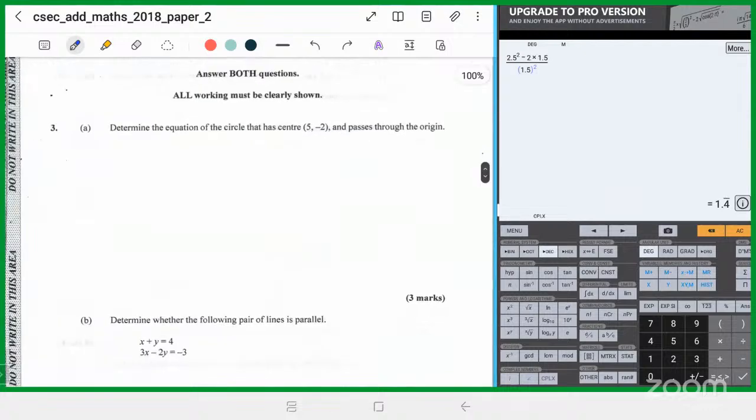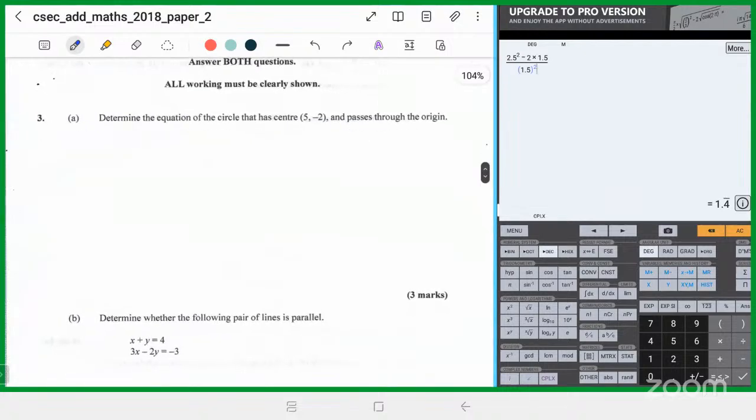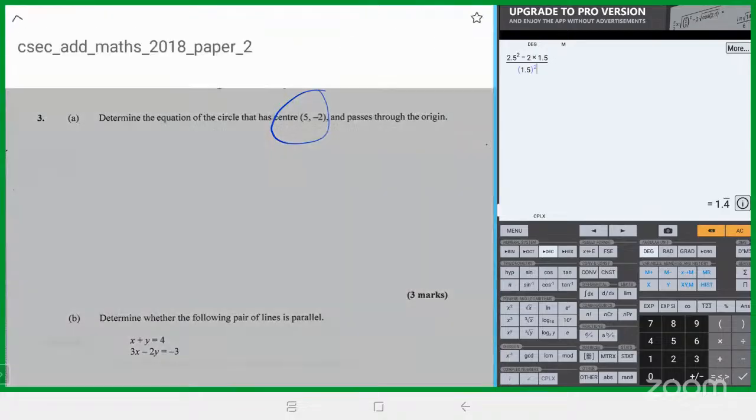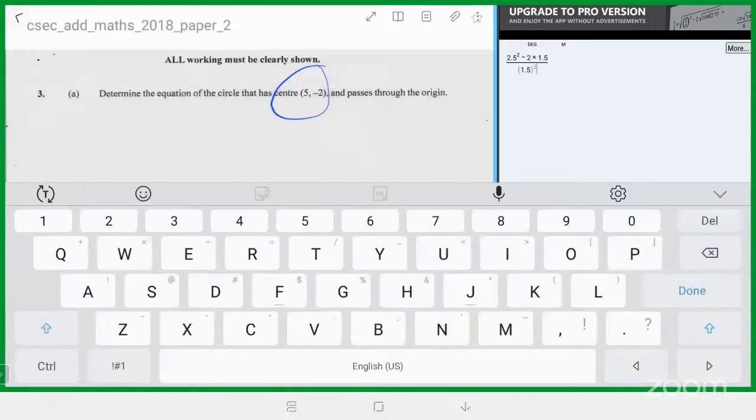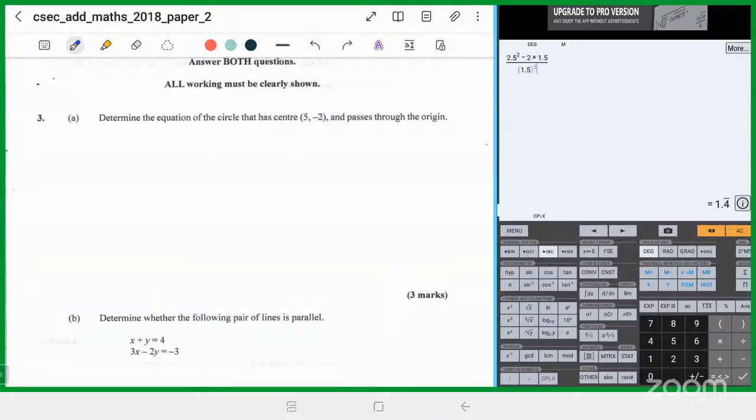Alright, this one says determine the equation of a circle. So this is the center and it passes through the origin. So from the center, it passes through the origin, like the circle stays like so. The center is 5, -2.